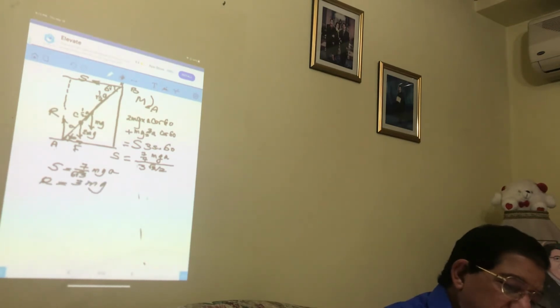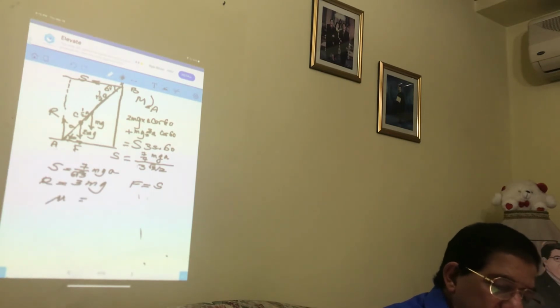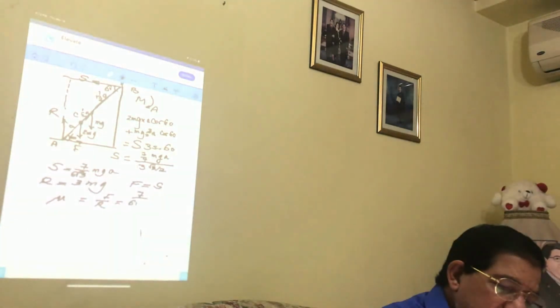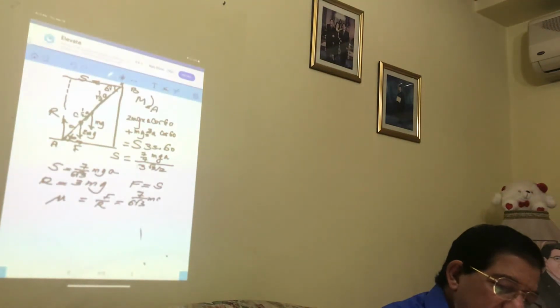Resolving horizontally, F equals S. The coefficient of friction mu equals F over R. This means 7 over 6 root 3 mg, over 3mg.